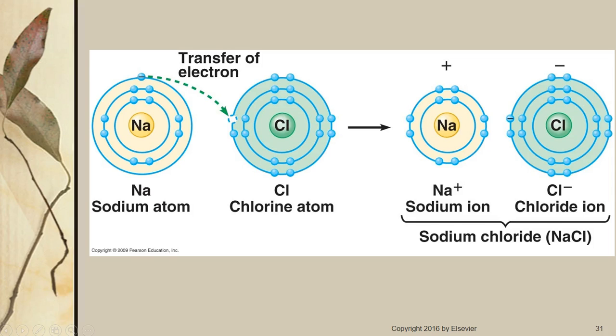And in case you didn't know that, that is table salt. That's what we put on our food every day. So this is a really cool little picture of how ionic bonding works. Now it's not just two separate elements, it's become a new compound.